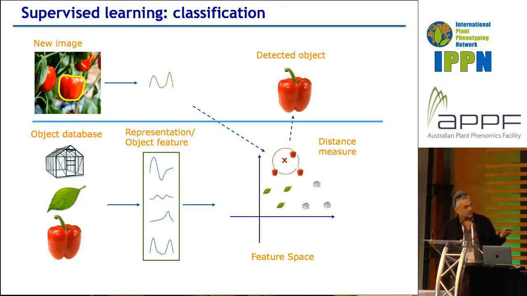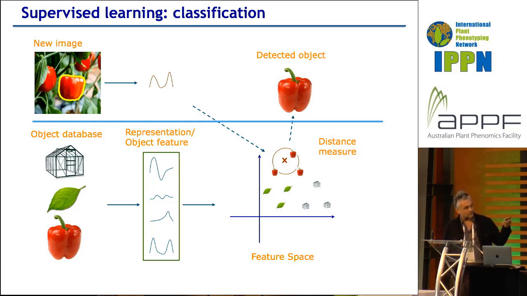So just to recall what we call supervised learning, this is a slide from a colleague at Wageningen. Here we have an object database which has been labeled. So you can imagine it's different phenotypes, different objects. Then you extract some features from them and represent them in a map which can be multidimensional.